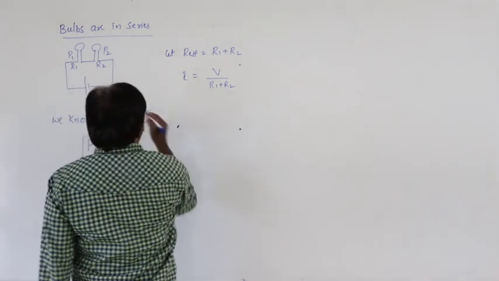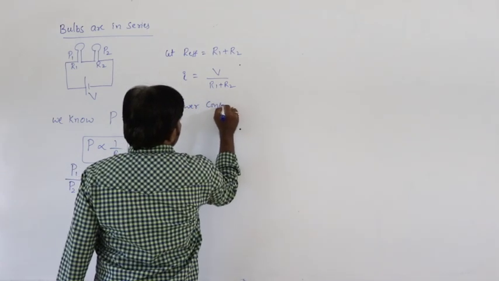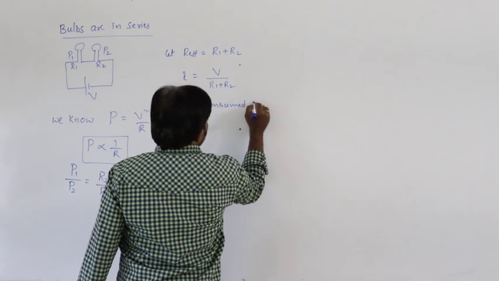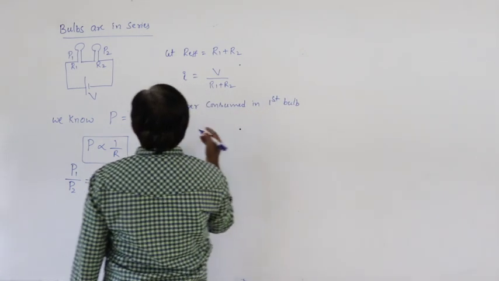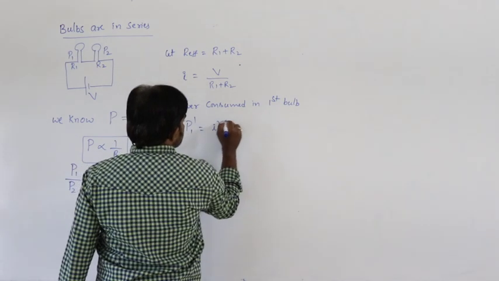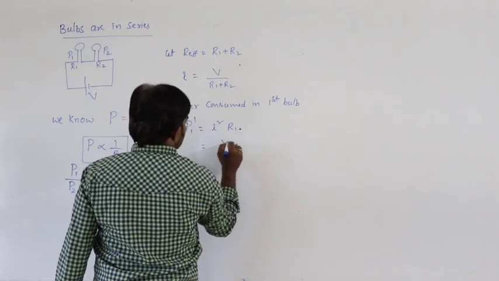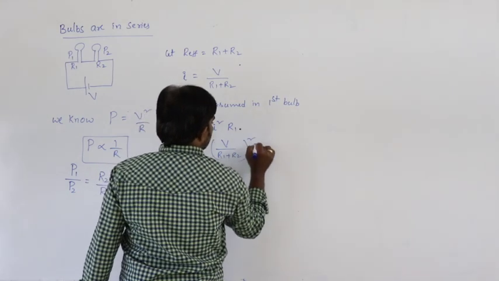Now what is the power consumed in the first bulb? That is P1 dash equal to I square R1, so V by R1 plus R2 whole square into R1.